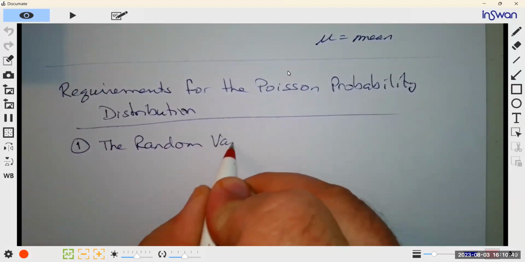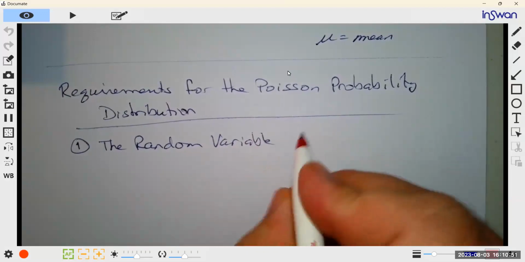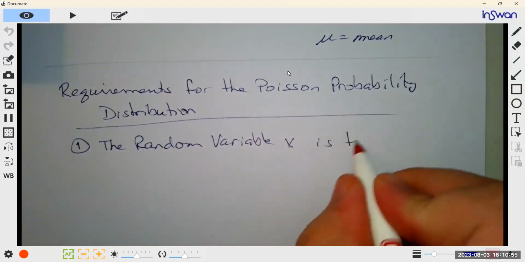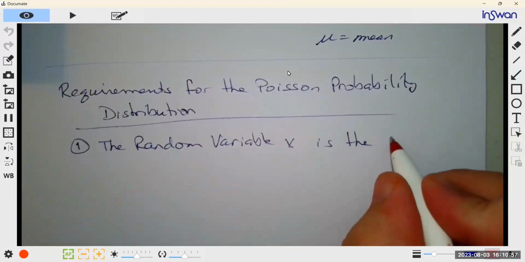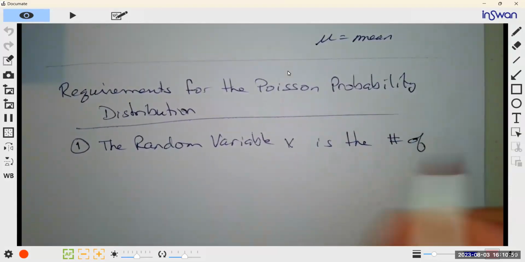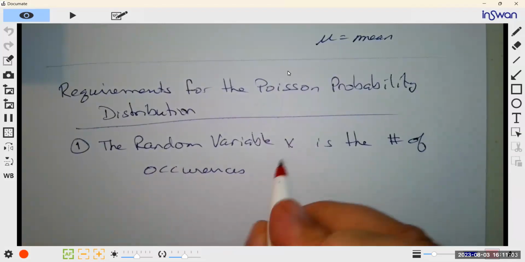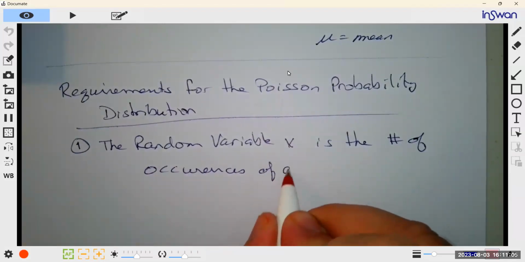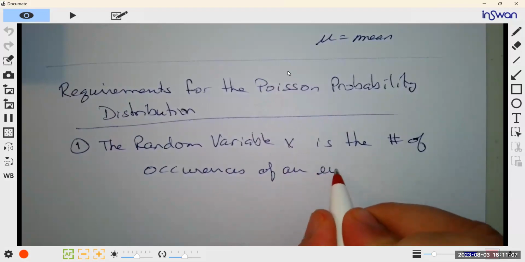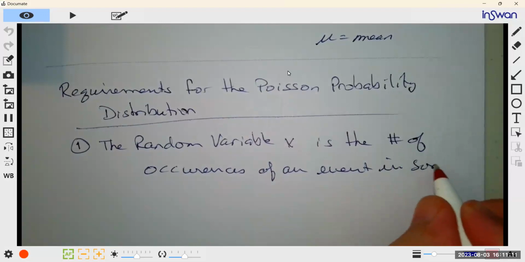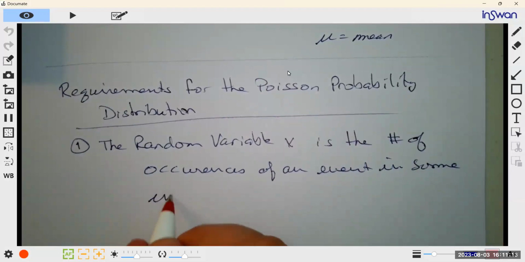The random variable x is the number of occurrences of an event in some interval.